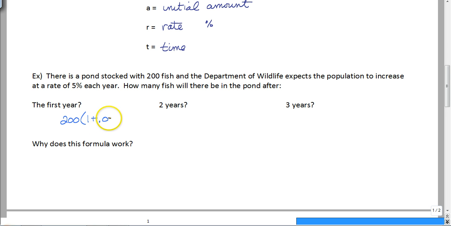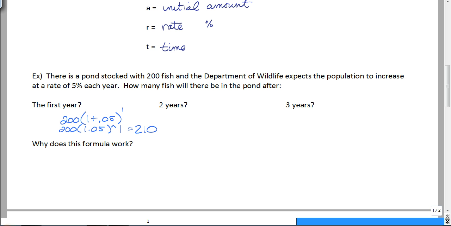And 5% is 0.05, and then that's raised to the first year. You just use your graphing calculator and type 200 times 1.05 raised to the first power, and that gives you, after the first year, 210 fish. That makes sense. 5% of 200 is 10 fish, so 200 plus 10 more fish is 210.